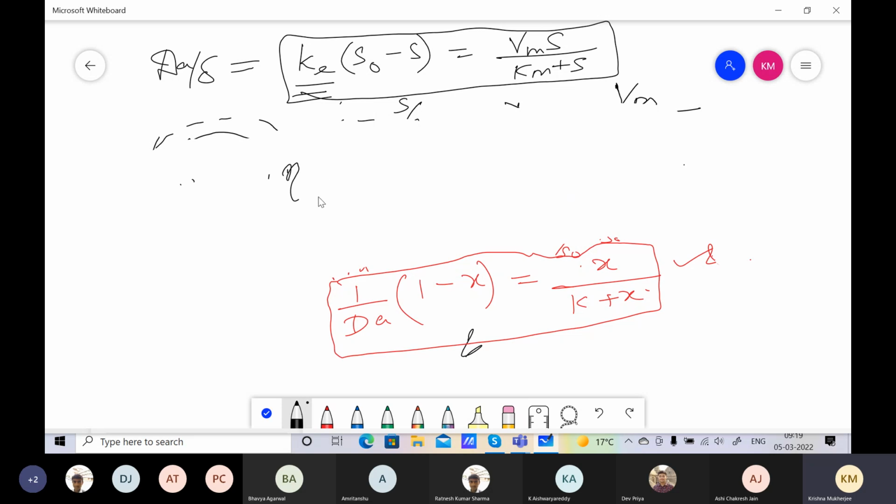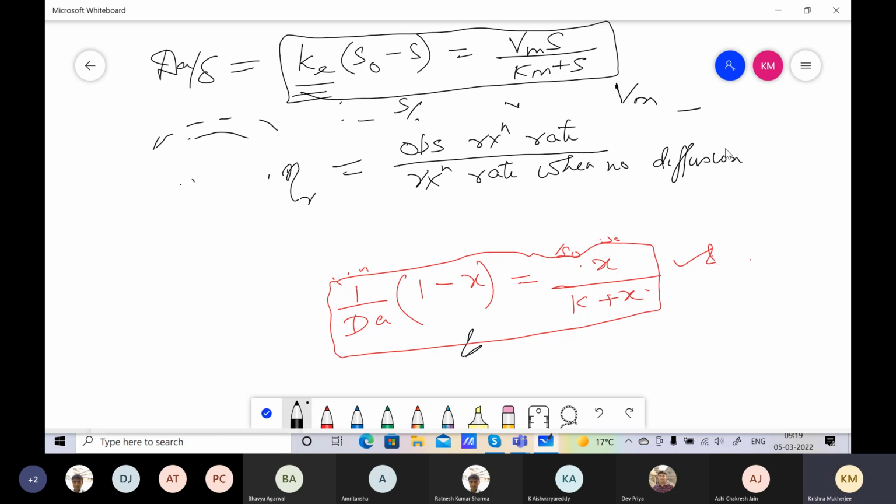We define efficiency of reaction, or efficiency R, as the observed reaction rate divided by the reaction rate when there is no diffusion control.